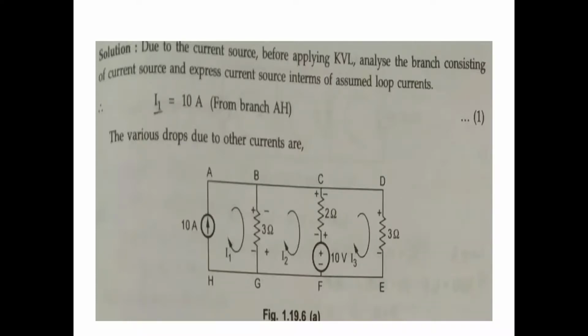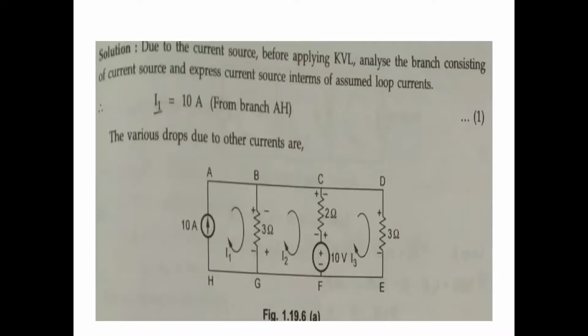Here between I2 and I3 there is 2, that is minus 2I2 plus 2I3 plus 10. The I2 current is upward, that is plus 10 minus 3I2 plus 3I1 equal to 0.